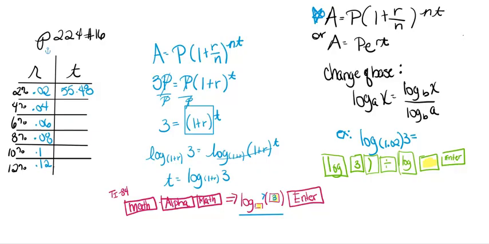So what we're going to do here is, for example, for the first one, we want to take the log base 1.02 of 3 to see what it equals. So in your calculator, you're going to type the log key, and then the 3 key, and then the close parentheses key, divided by log, and then in this case, for the first, you would type in a 1.02. Of course, the second one would be 1.04, third one would be 1.06 or whatever, and then enter.